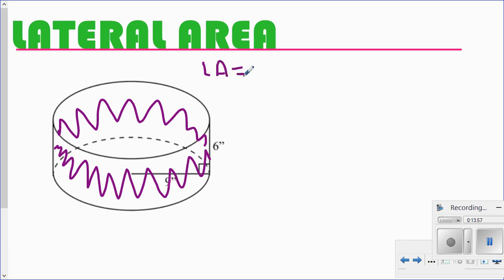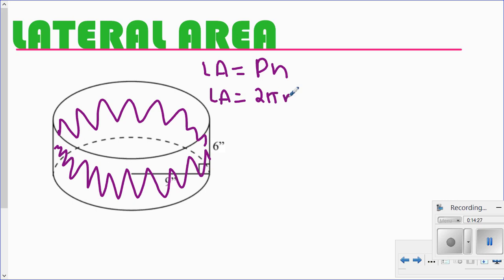Okay, well, lateral area, remember, is the perimeter of the base times the height of the cylinder. Well, our base is a circle. So we remember that when we're talking about perimeter of a circle, we're talking about the circumference. So the lateral area when it's a cylinder is still the perimeter of the base times the height of the cylinder, but the perimeter of the base is defined as 2 pi times the radius.